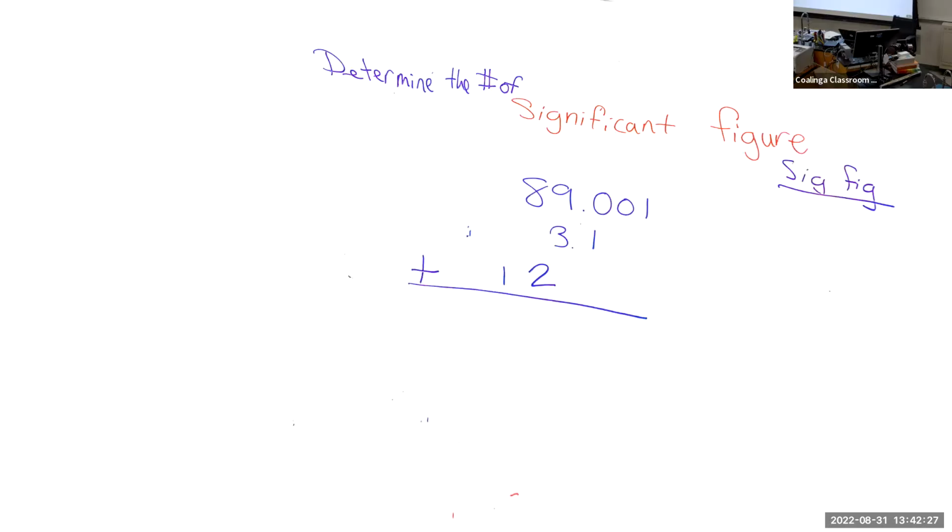How many sig figs do I have in the first? So the last number of significance is the 1. Okay, so I will draw the line there. And the second number, 12, is 2 significant figures.